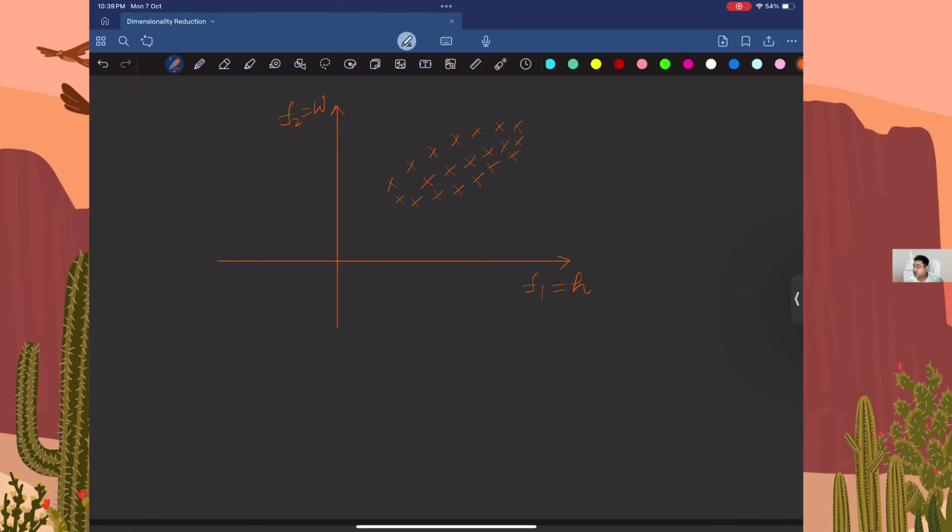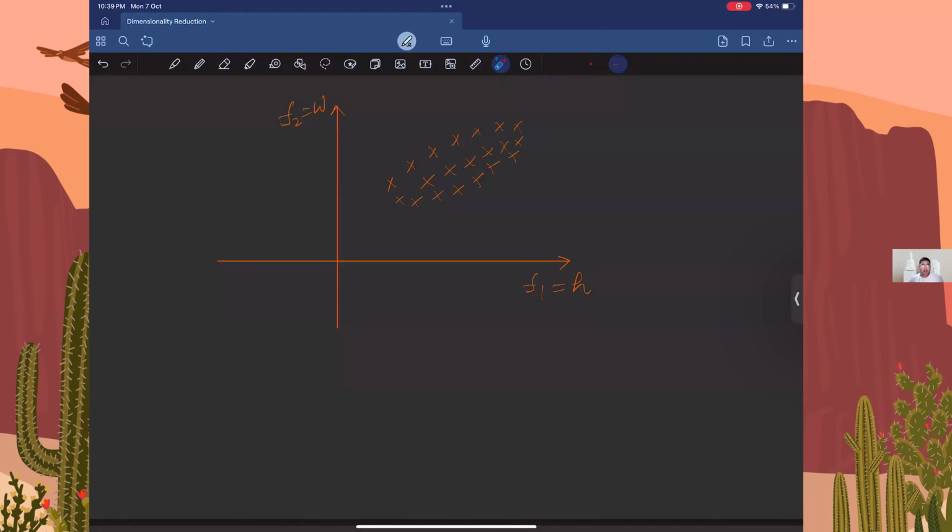Now, imagine I have two features. This is my feature 1, which is height, and this is my feature 2. We will understand how to calculate the mean geometrically with the help of 2 dimensions.